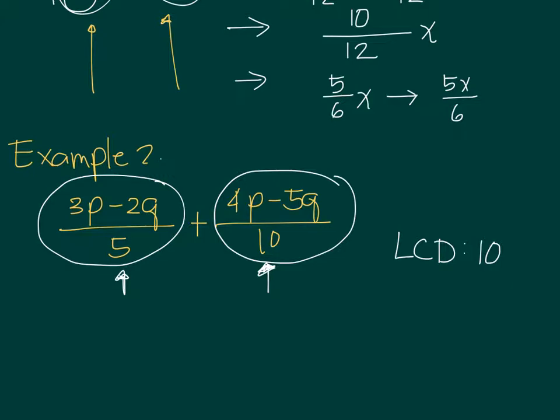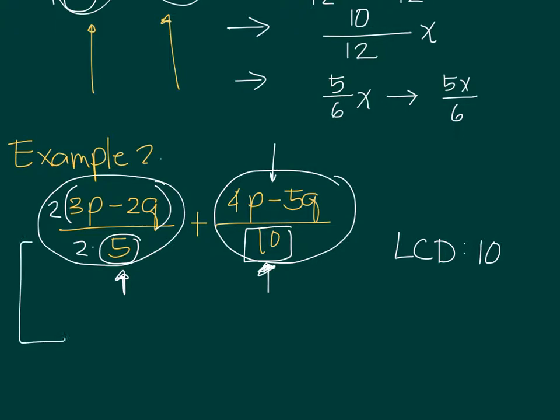Okay, so this is already 10, so there is nothing for us to do to 4p minus 5q. But for the 5, to make this 10, we have to multiply this by 2. Hence, to keep the fraction the same, the numerator should be multiplied by 2.